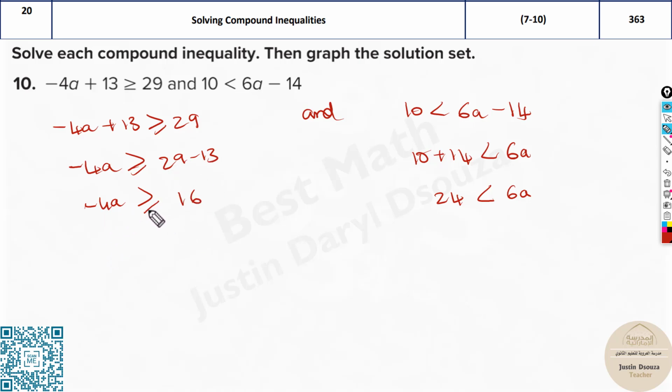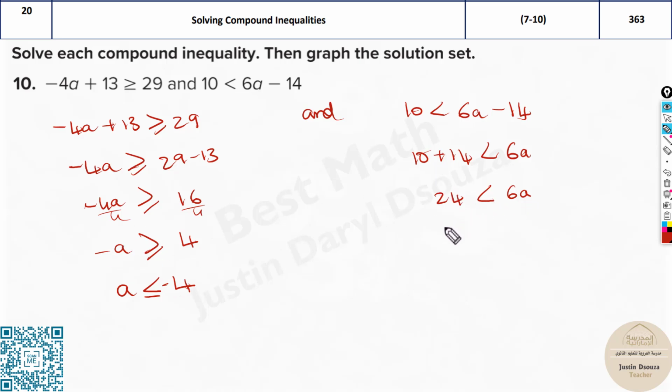And now you need to divide both sides by 4, or just take this 4 to the other side, not the minus sign. The minus sign remains. Here, on the right side, it will be 4, because we divided by 4. Now, when you're changing the minus sign, it will be a less than or equal to negative 4, because this sign changes. Here also the inequality symbol changes.